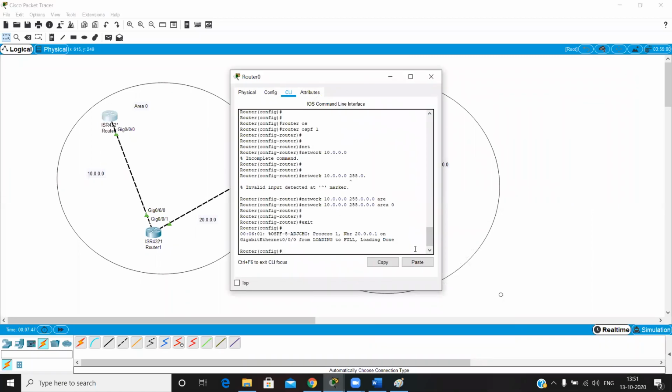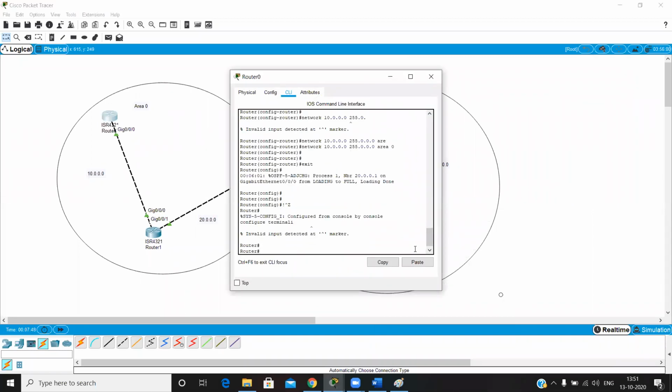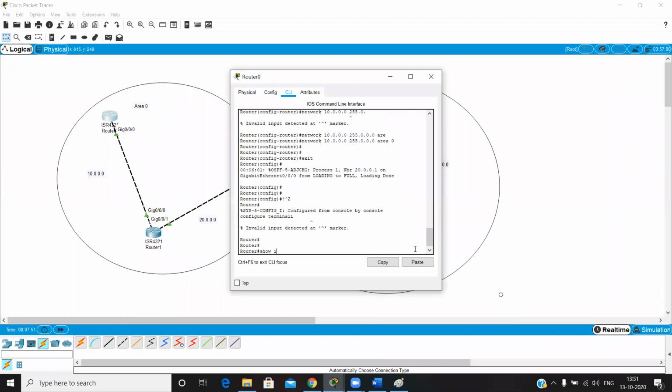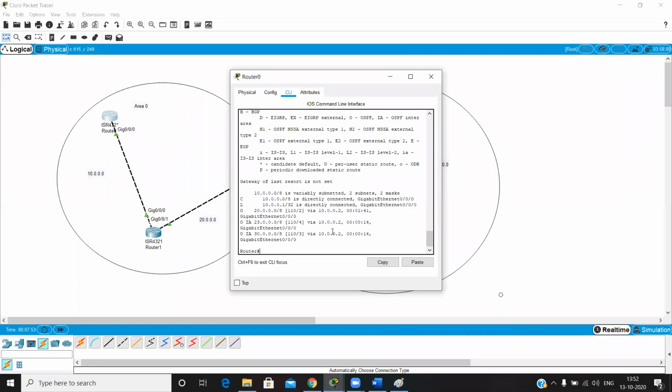Now you can see this 20 network is learned by using O, meaning OSPF, and this one is the metric and AD value, and O IA means OSPF inter-area, meaning between different areas, the 23 network and 30 network.